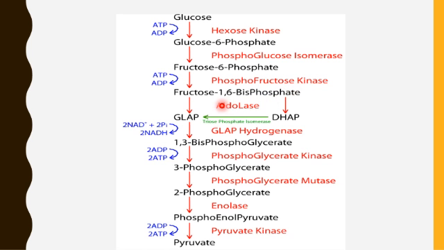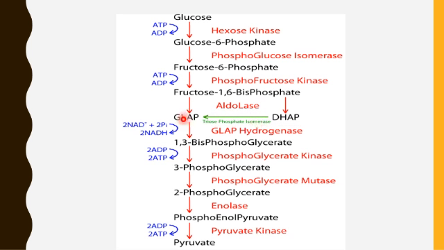Now this fructose, which is a 6-carbon compound, splits into two 3-carbon compounds, glyceraldehyde 3-phosphate and dihydroxyacetone phosphate, with the help of the enzyme aldolase, and they are reversible to each other.